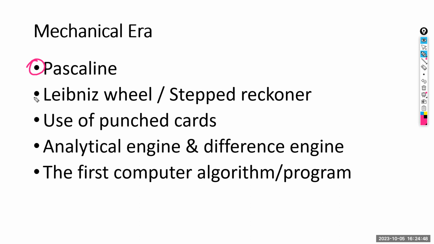Then the Leibniz wheel, by another mathematician who came up with the Leibniz wheel mechanical calculator. Then we look at the use of punch cards, which is a super important milestone in the history of computing. And then the analytical engine and difference engine developed by Charles Babbage.